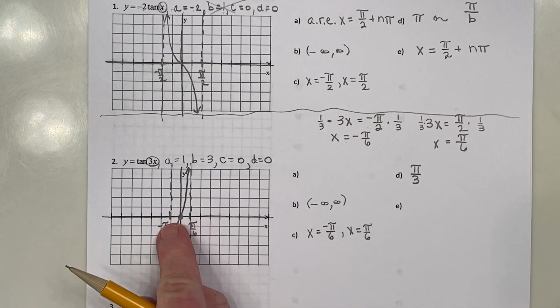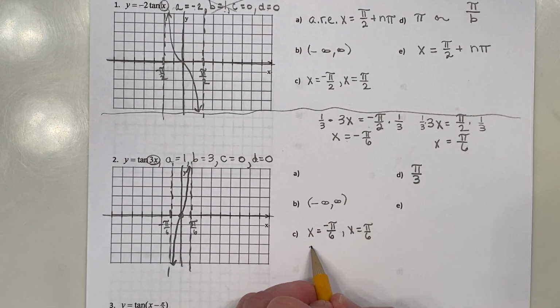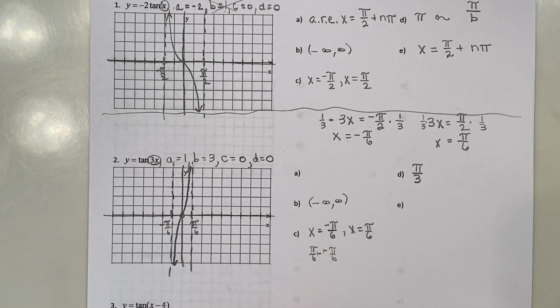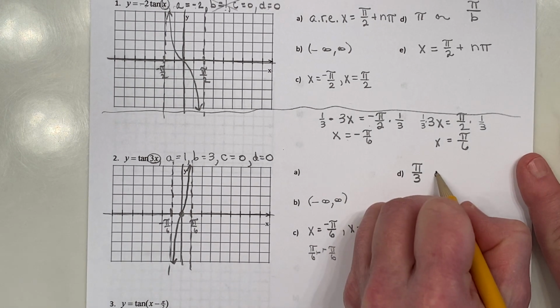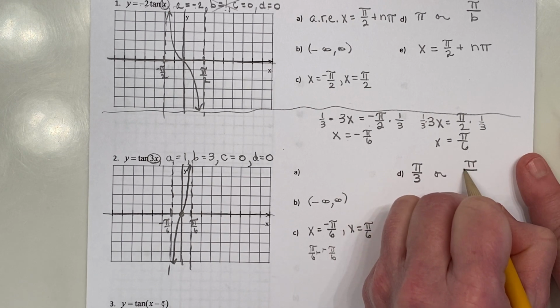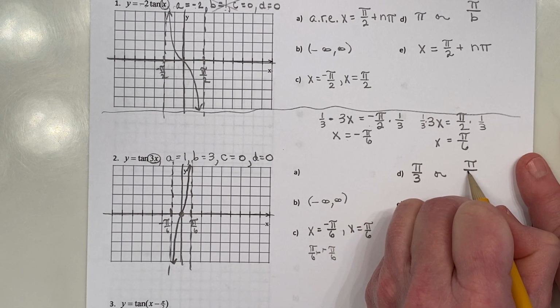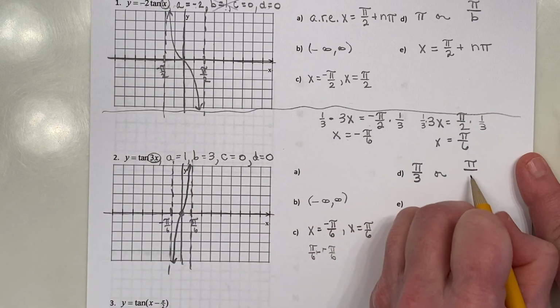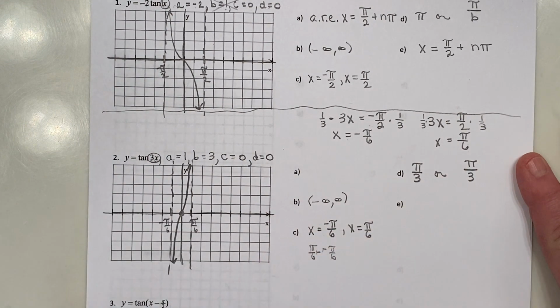So you can eyeball it. You can take pi over 6, the greater value, and subtract a negative pi over 6, and that's going to result in 2 pi over 6 or pi over 3. Or another option, use the formula: take pi and divide it by 3, which is b, so we're going to get pi over 3.